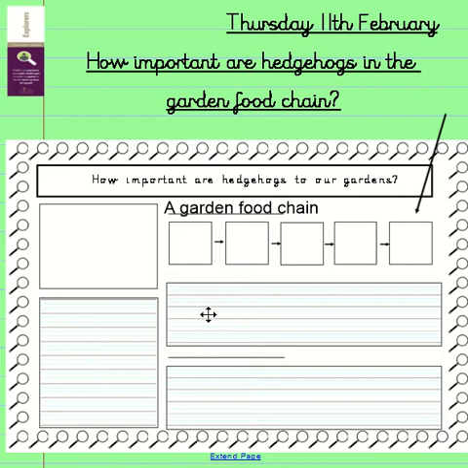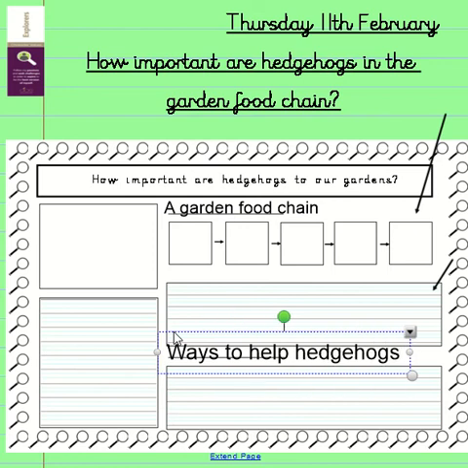Okay, then in this box here, you're going to explain all about food chains and what the food chains show. Then for your final part, you are going to explain ways to help hedgehogs, so that we can attract more hedgehogs to our gardens.